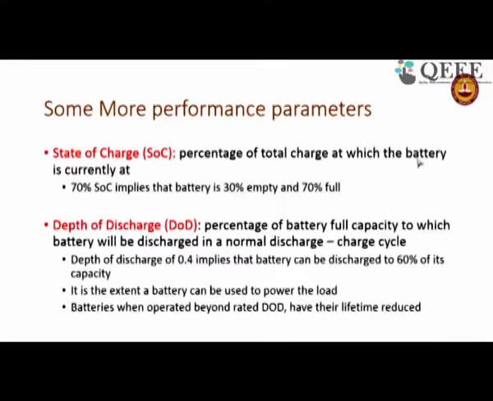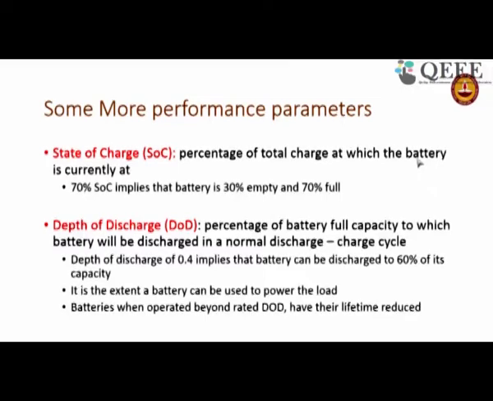Next is depth of discharge. Now this is an interesting thing. Depth of discharge is a parameter that implies, suppose the battery is fully charged, how much will you discharge before stopping work and charging?